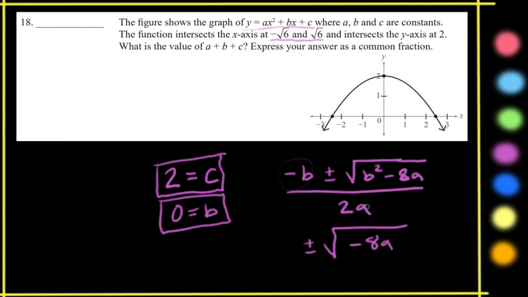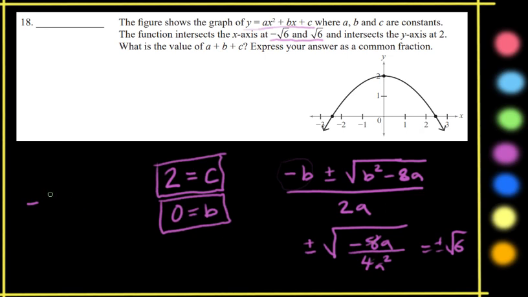And then maybe we'll bring this 2a into the radical, which means we have to turn it into 4a squared. So 4a squared, is that right? I think so. And we know that that is equal to plus and minus the square root of 6. So minus 8a, well, I can simplify it a little bit, because this 8 and this 4 can cancel down to 2.